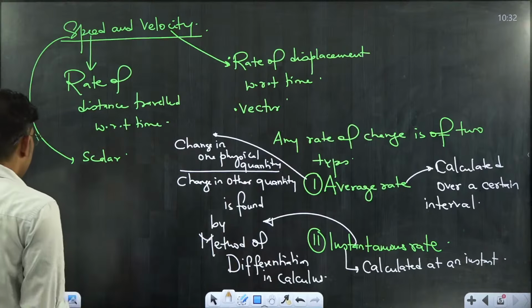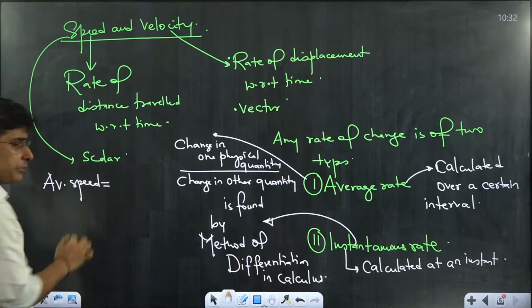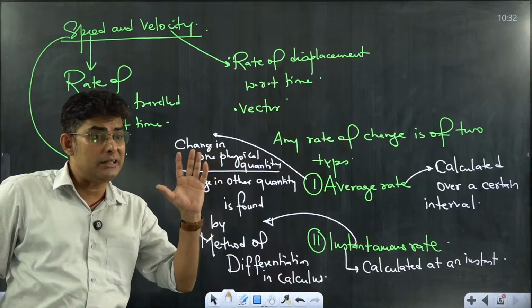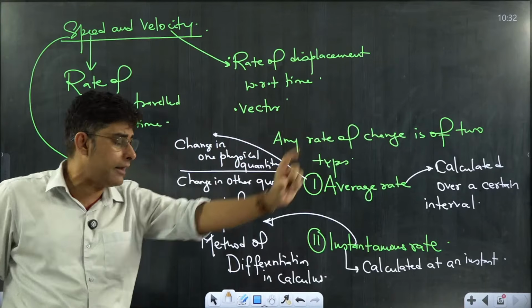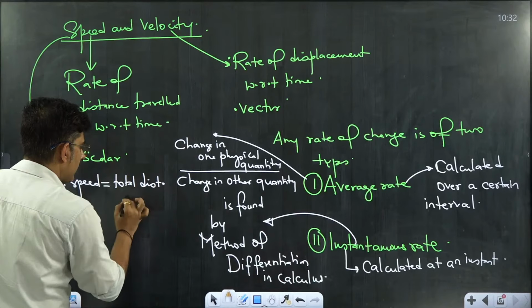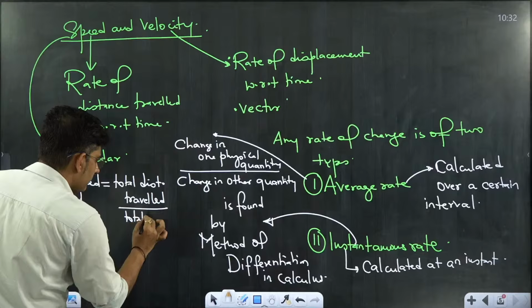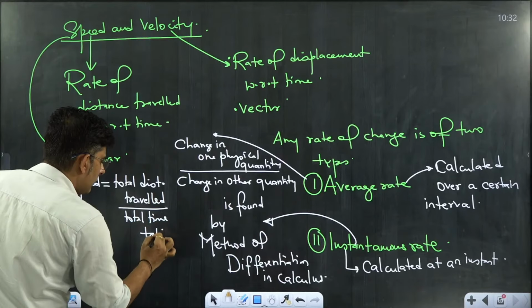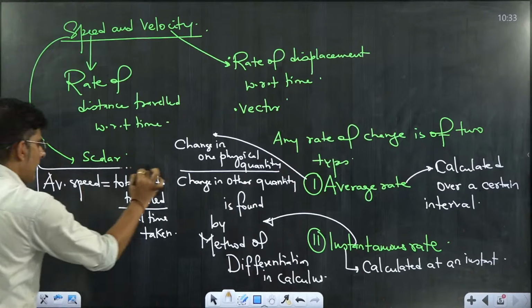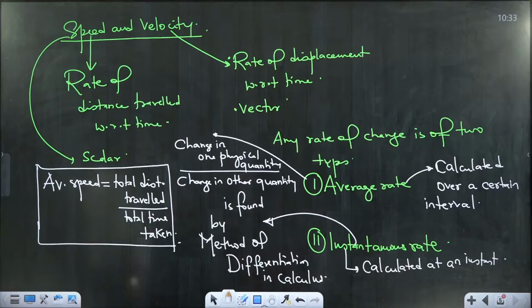So when we say average speed, it is simply the total distance, total length traveled, divided by total time taken. We call it average speed. Yes, those who have read a bit of calculus know what differentiation is, but presently we will be focusing only on this part.